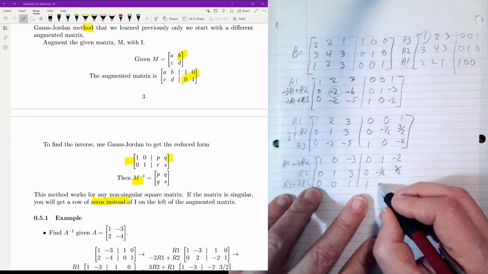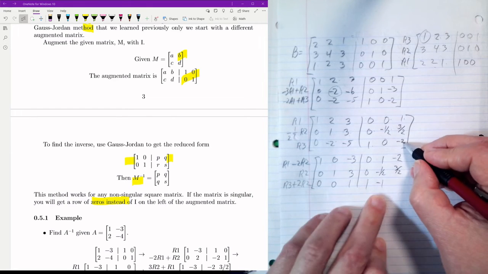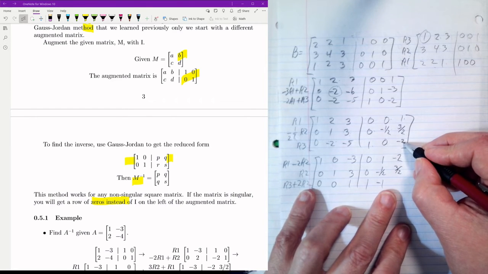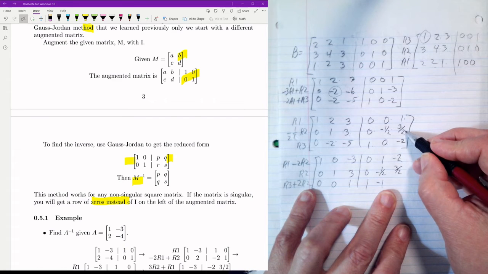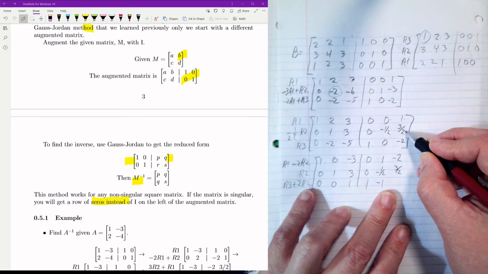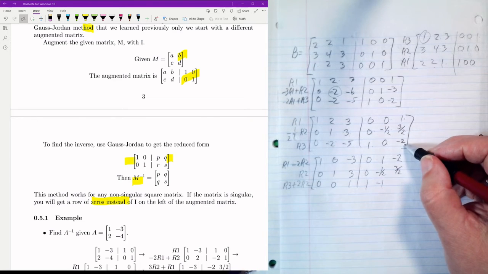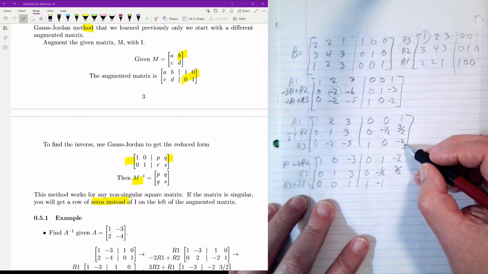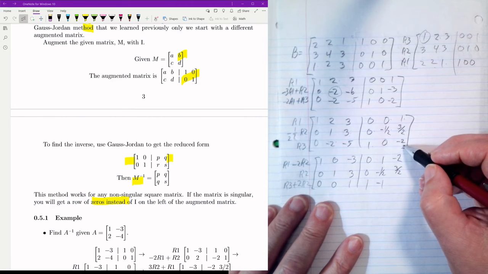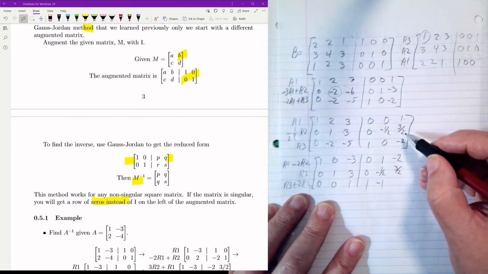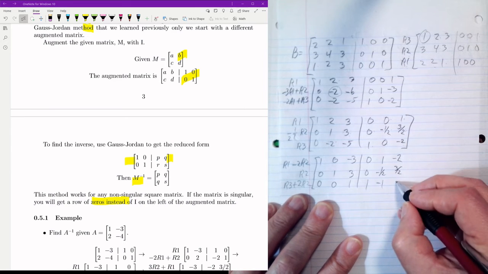So that would be minus 1. And minus 2, minus 3, so that should be a minus. No, I'm saying that wrong. So this is a positive, that's why. So minus 2 plus 3 is equal to 1.